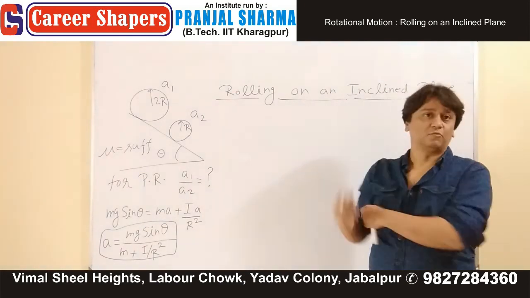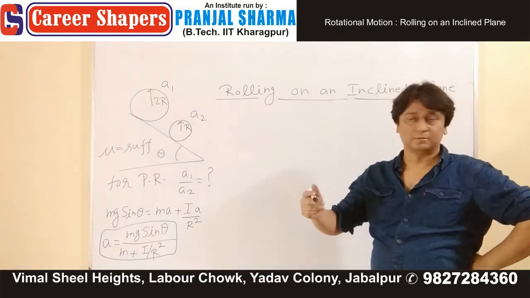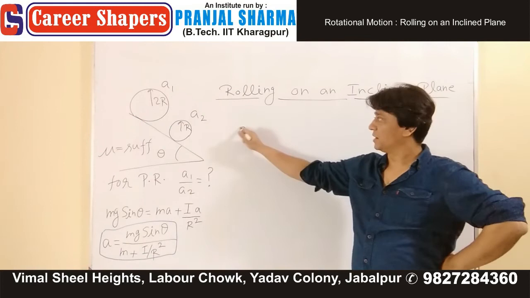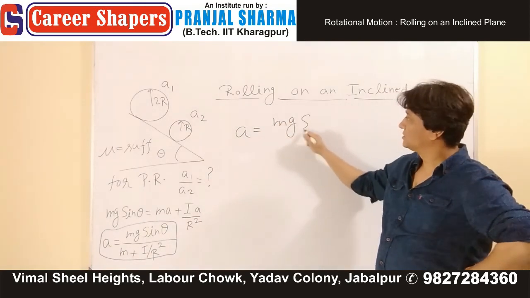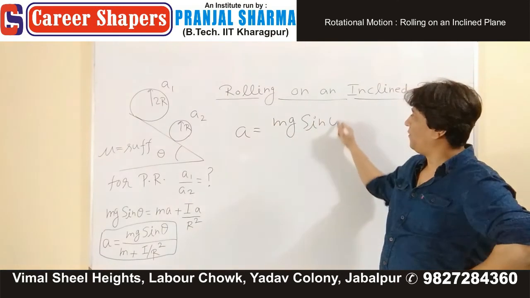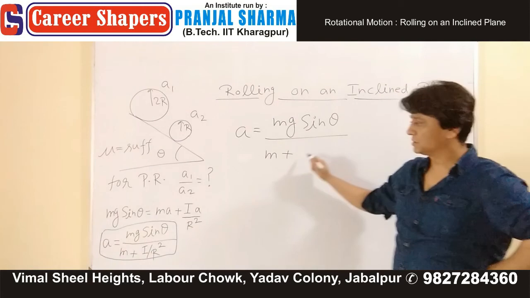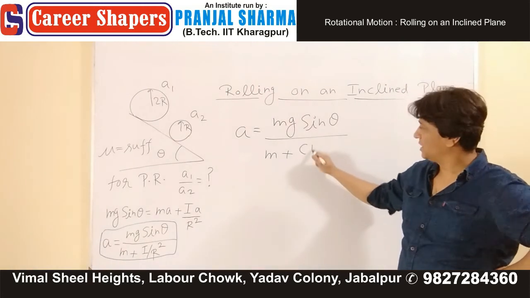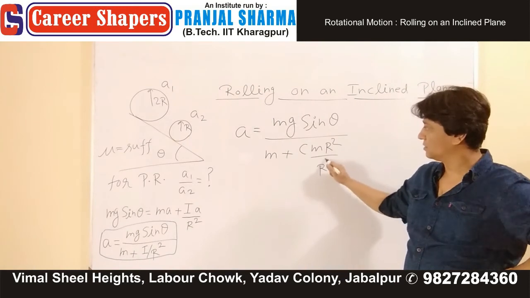Answer is what? 1 is to 1. How come? Look here. What is A? M G sine theta divided by M plus I. What is I? CMR square divided by R square.